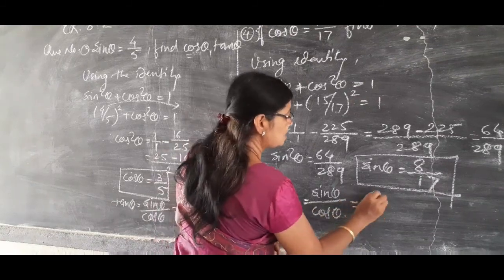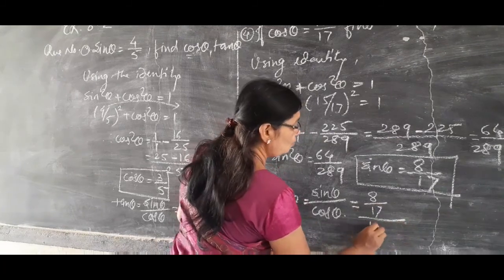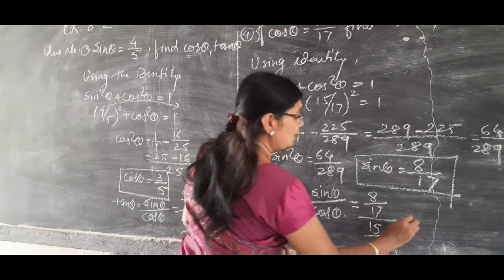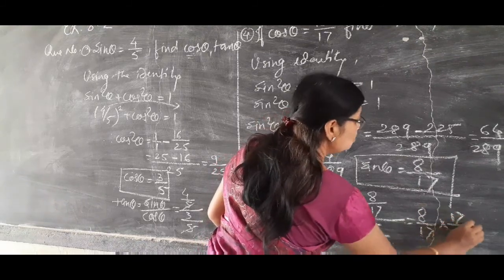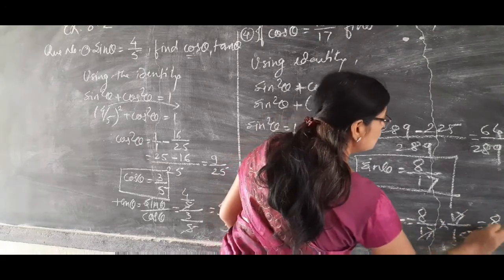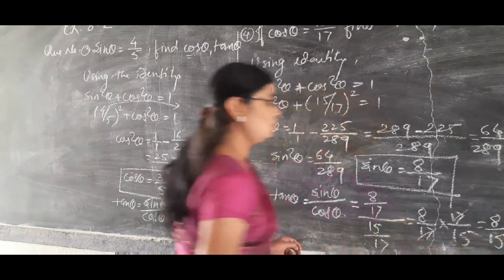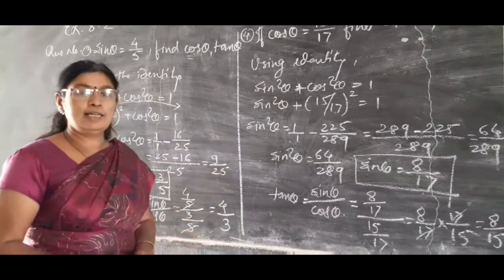Now sin is 8/17, cos is 15/17. Means 8/17 into 17/15. 17 will be cut. What is your answer? 8/15. Means by using identity you can find sin, cos and tan.